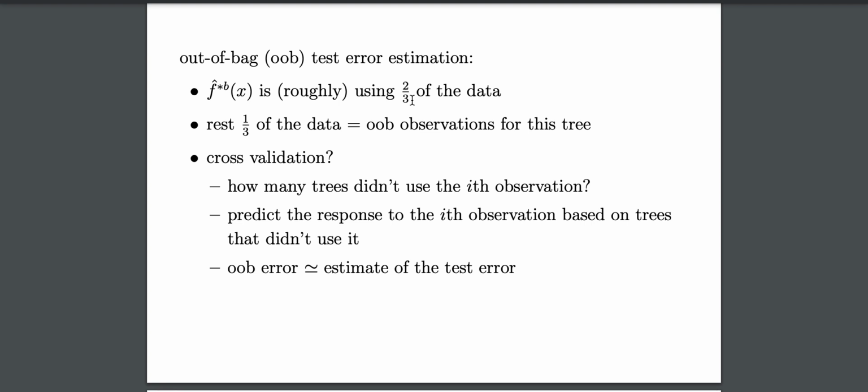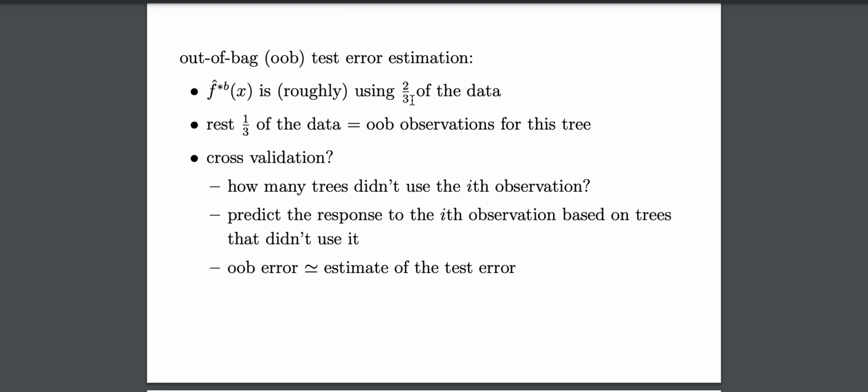Because they are repeated, some data points are not used, and one can show that on average each bagged tree uses only roughly 2/3 of the observations. So for each bagged tree, 1/3 of the observations are not used to train that tree.